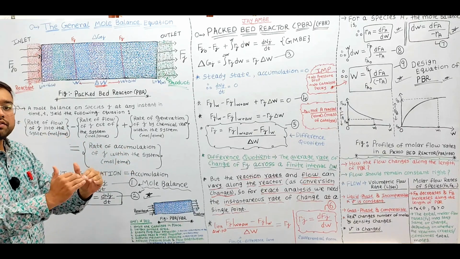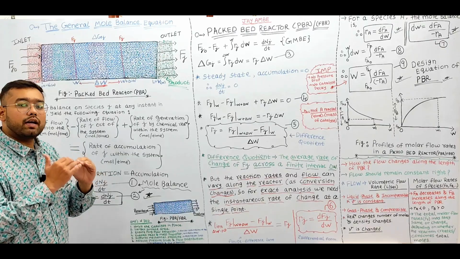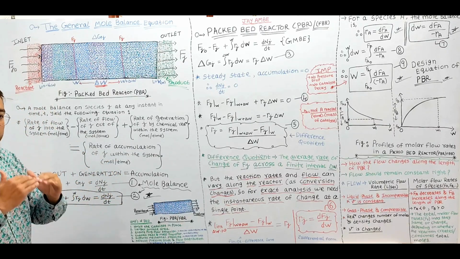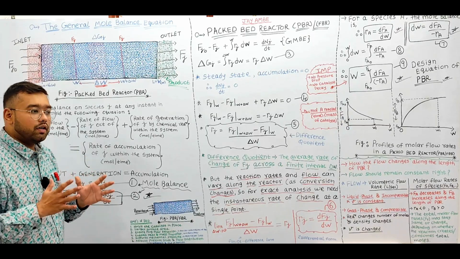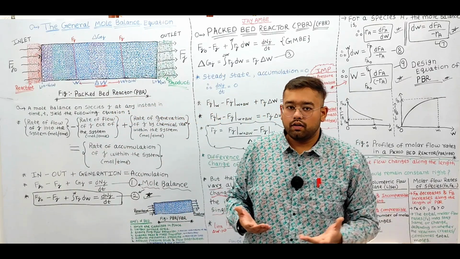It is in a stationary state. The packing materials are in a stationary state, which is why it's called the fixed bed. For those reasons, another name for the packed bed reactor is fixed bed reactor, right?